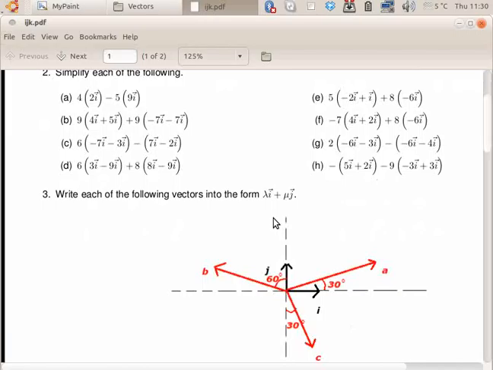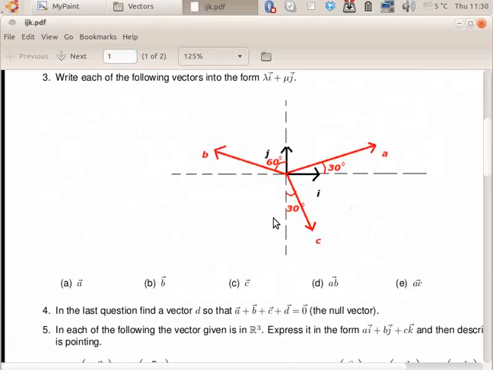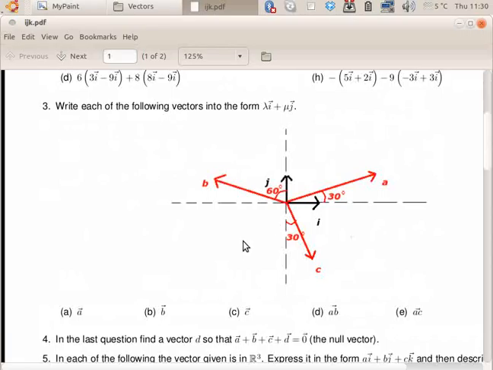What I will do, I'm going to do all of this one here, okay? So I'll just redraw this here. I've got, oh, I didn't put the lengths in either.